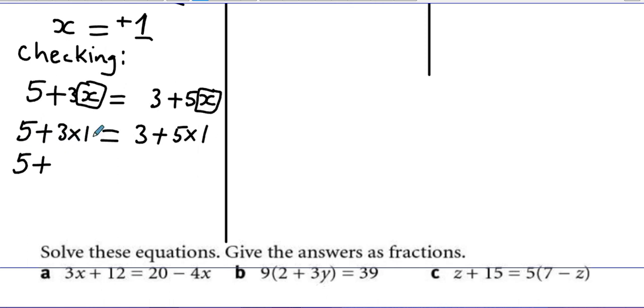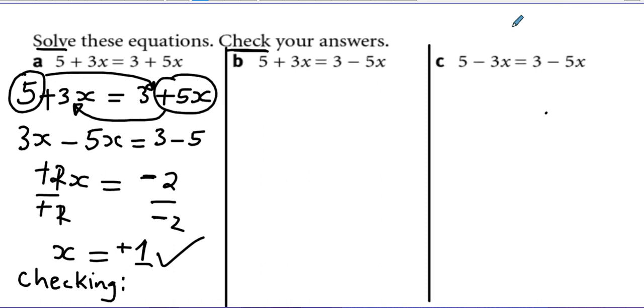So 3 times 1 is 3, and 5 times 1 is 5. You find that 5 plus 3 is 8, and 3 plus 5 is also 8. So our answer is correct.